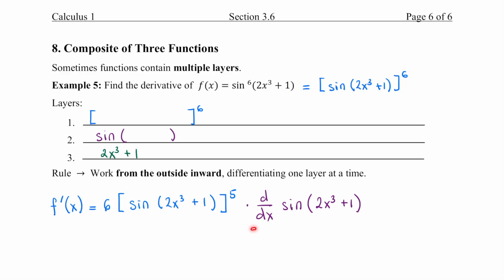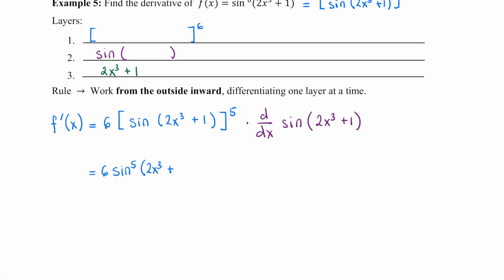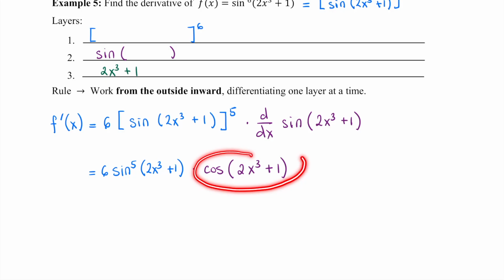Now, I need to take the derivative of sine of (2x to the third plus 1). The derivative of sine is cosine. Cosine of (2x to the third plus 1) is the derivative of the second layer. We need to multiply this by the derivative of the third layer.